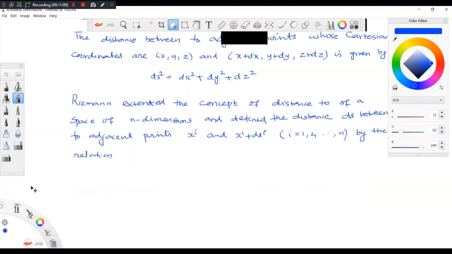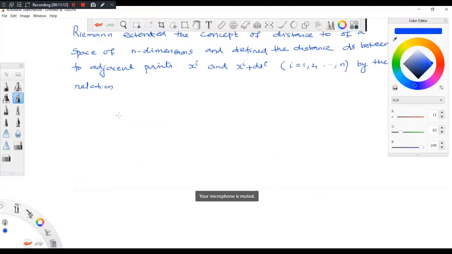So he has made it more general and writes ds square is equal to g11 dx1 square. That's the usual dx1, but its coefficient is some g11, which is a function of the coordinates. Plus g22 dx2 square plus etc. plus gnn dxn square.